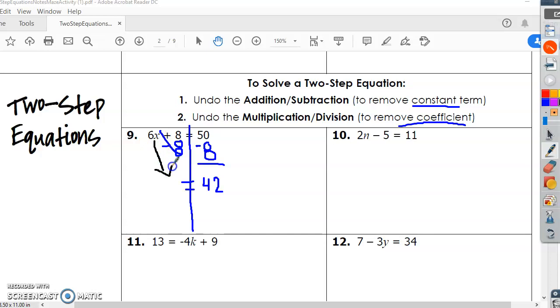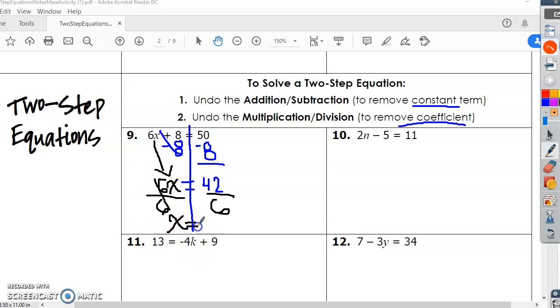So bring down what you got, which is 6x. And next it says undo my multiplication. Well, this is multiplication, so undo it by dividing. You divide by your coefficient, 6. Don't divide by 6x. You don't bring your variable, you just bring your coefficient down. The variable is what you're solving for, remember that.